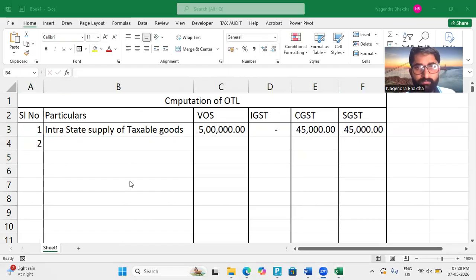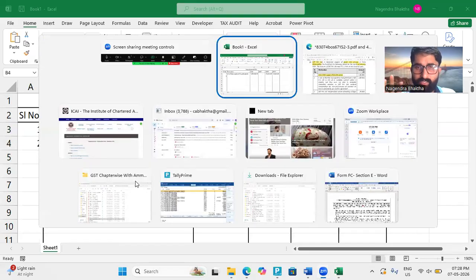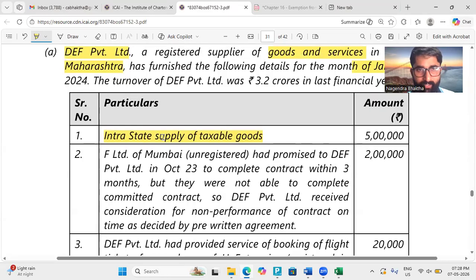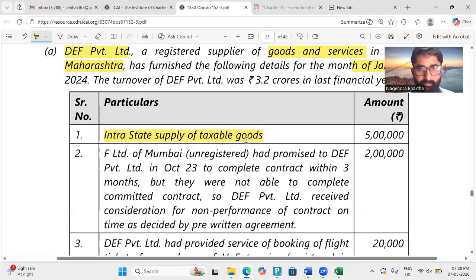Second one. See, wherever applicable, you have to make the necessary assumptions. Assumptions as well as writing the notes is also important. F Limited of Mumbai, unregistered, had promised DEF Private Limited in October 2023 to complete the contract within 3 months.